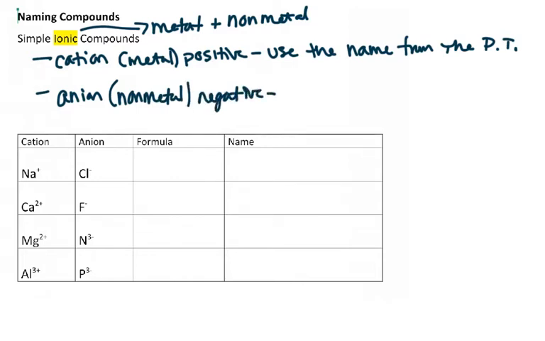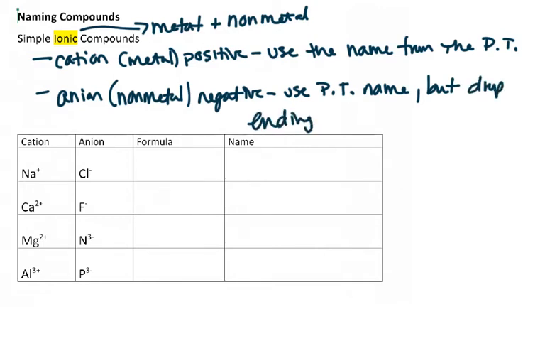We change the ending, so we're going to start with the name on the periodic table, so use the periodic table name, but we're going to drop the ending and add IDE.